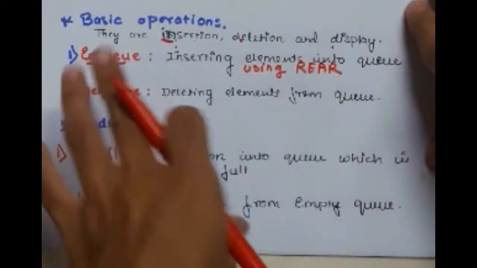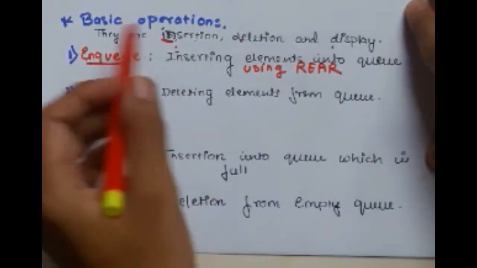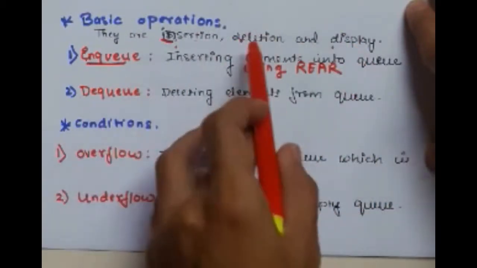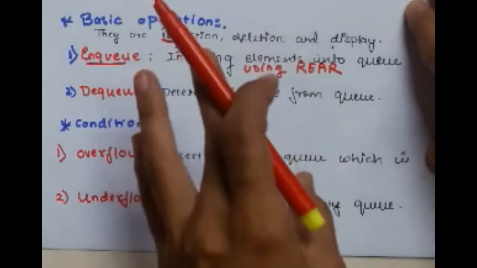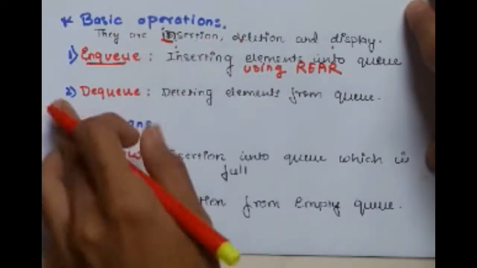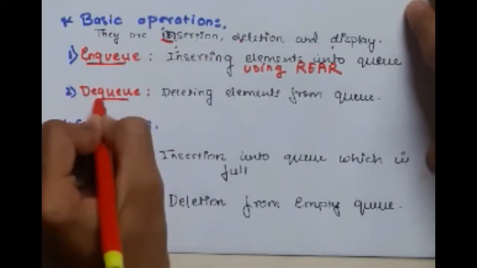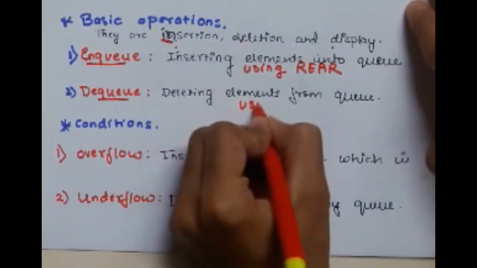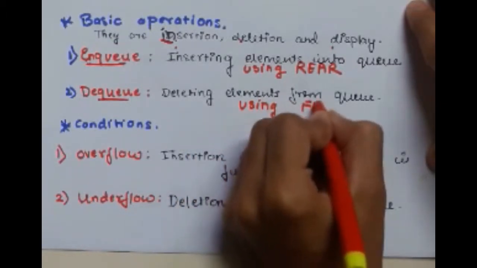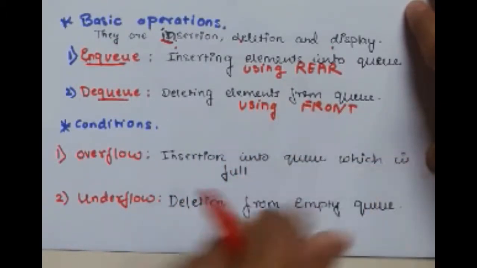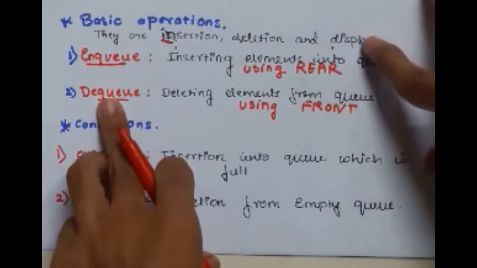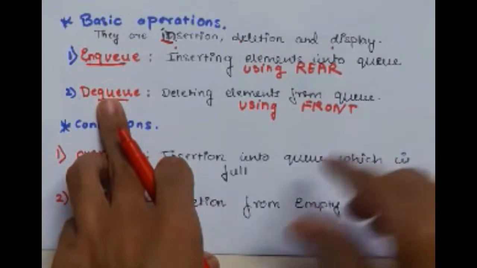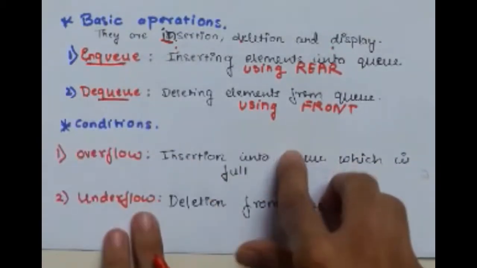Using rear, the enqueue operation will be performed. The other operation is deletion. Deletion means deleting an element from the queue, and the terminology used in queue for deletion is dequeue. So dequeue means deleting elements from the queue using front, and the dequeue operation will be performed there. And display is just displaying whatever elements are there in the queue. Okay, these are the operations.